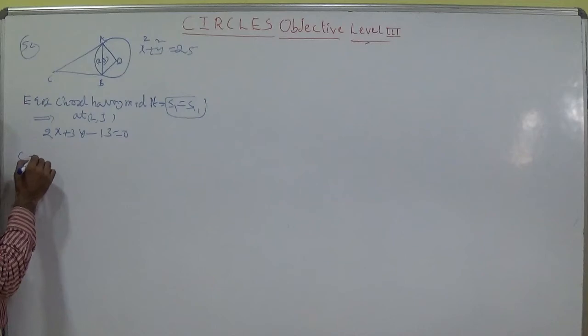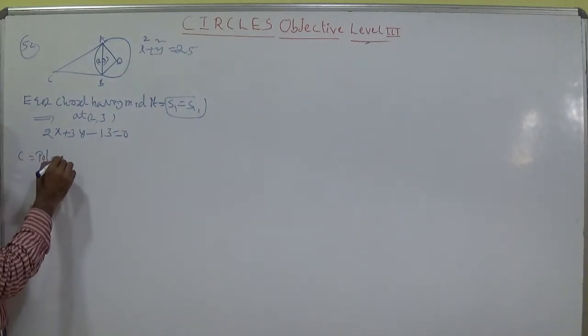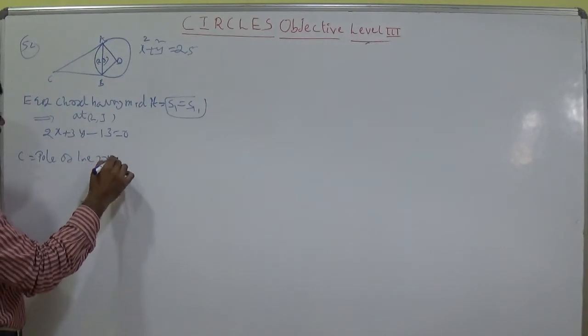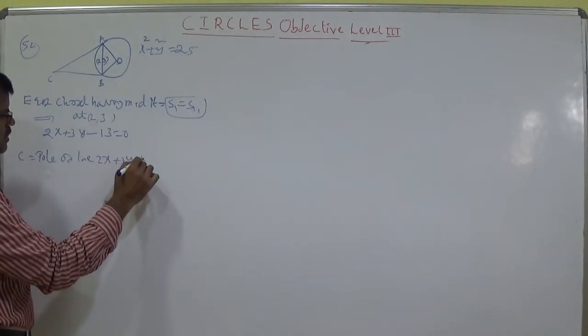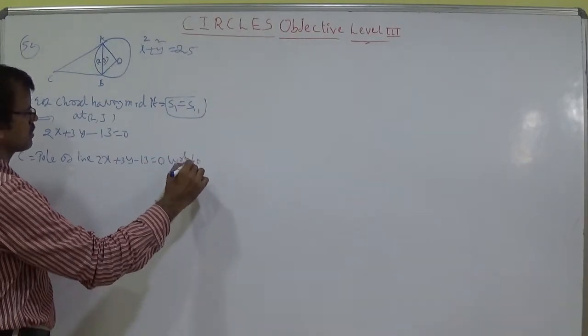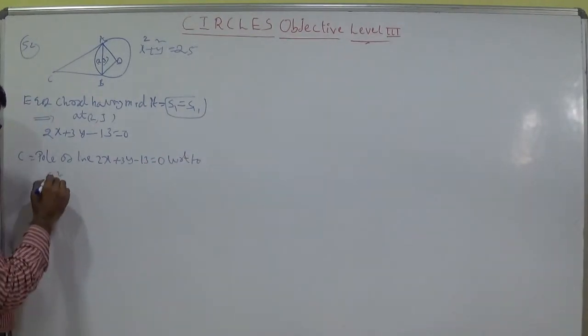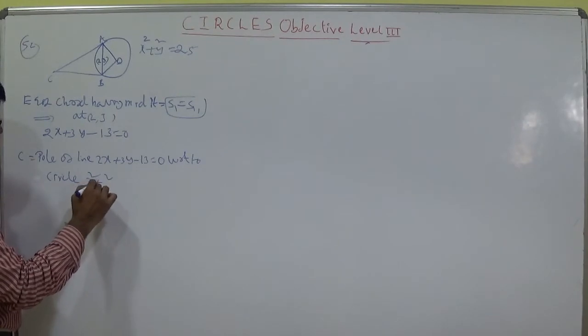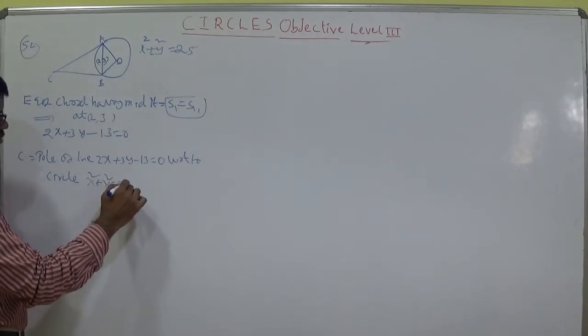Now C is nothing but the pole of this line 2x plus 3y minus 13 equal to 0 with respect to the circle x square plus y square is equal to 25.